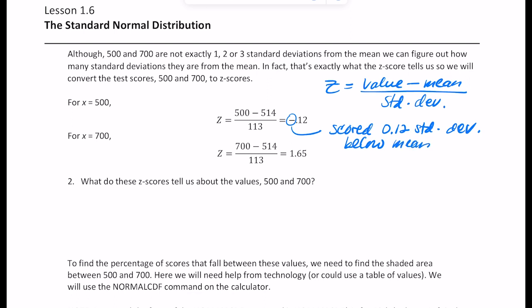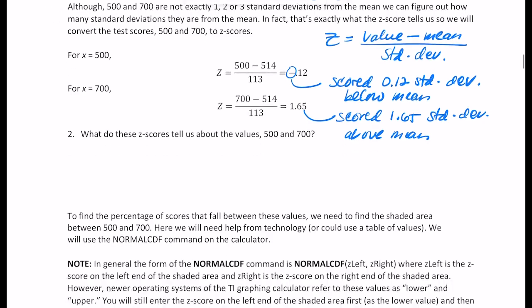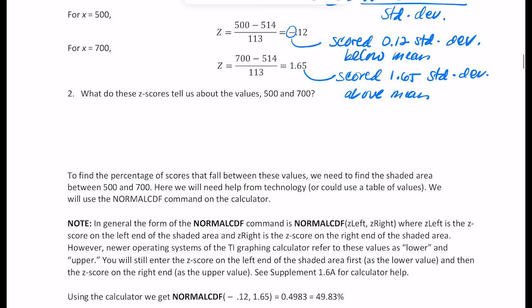And for someone that scored a 700, they have a z-score of 1.65, which just means that they scored 1.65 standard deviations above the mean. And I know it's above because it's a positive. So how do I figure out what values fall between those two?